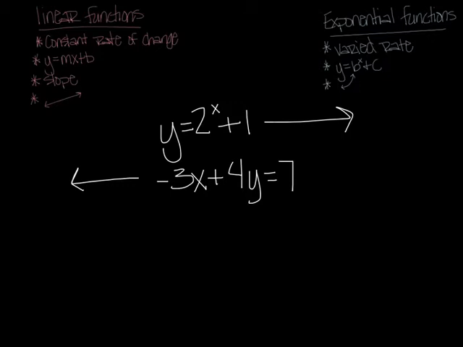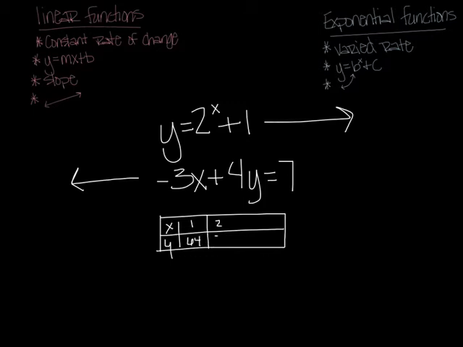What if we had a table that looked like this? We had 1, 64, 2, 32, 3, 16, and so forth.